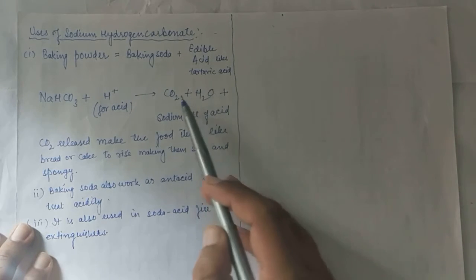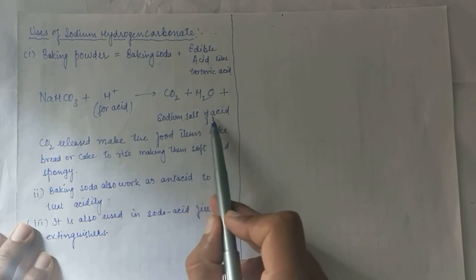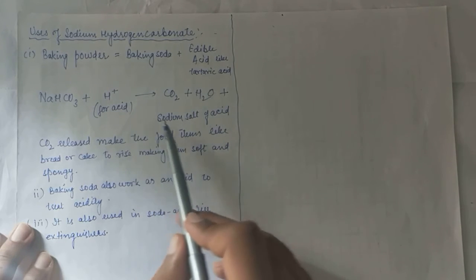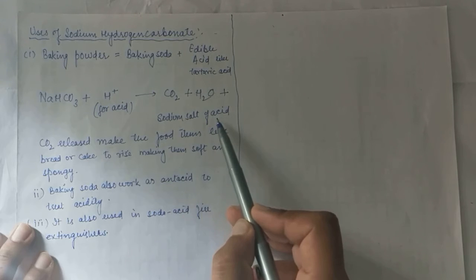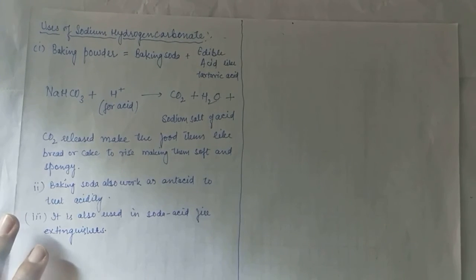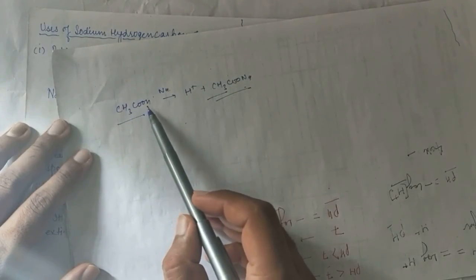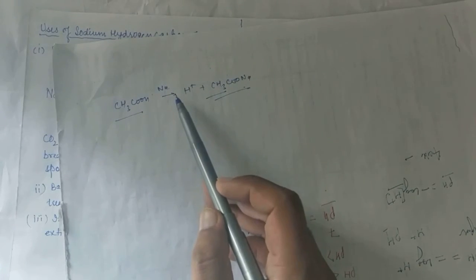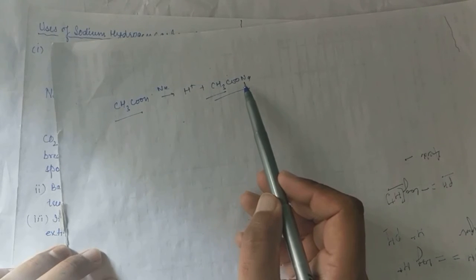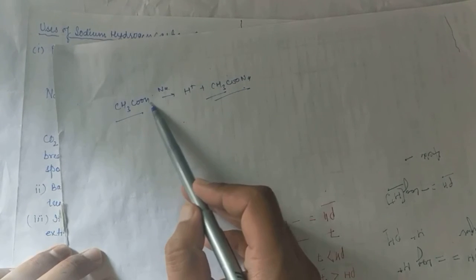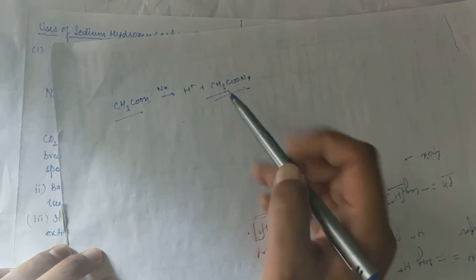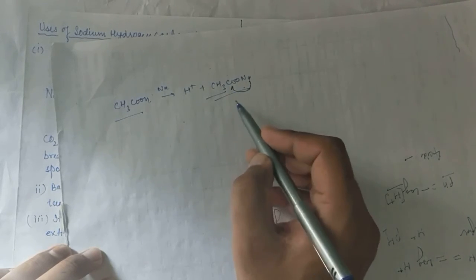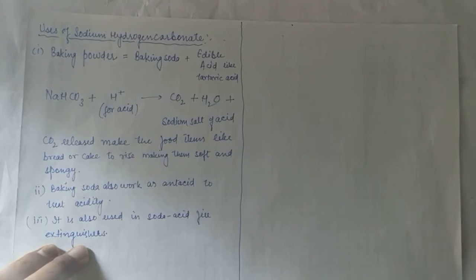So the products are carbon dioxide, H2O, and the sodium salt of the acid. जो भी एसिड हमने यहाँ पे यूज़ किया उसका सोडियम सॉल्ट यहाँ पे बनता है. ठीक है, जैसे एग्जांपल लेते हैं, कोई भी एसिड यूज़ किया, कैसे उसका सोडियम सॉल्ट बनेगा. ये जैसे कि एक एग्जांपल है CH3COOH. यहाँ पे जो हमने बेस यूज़ किया है NaHCO3, तो उससे क्या होगा, जो CH3COOH है वहाँ से H पॉजिटिव रिलीज होगा और यहाँ Na आके अटैच हो जाएगा, and this is called sodium salt of this acetic acid. Okay, sodium salt of acetic acid. So we can use any other acid and take its sodium salt.